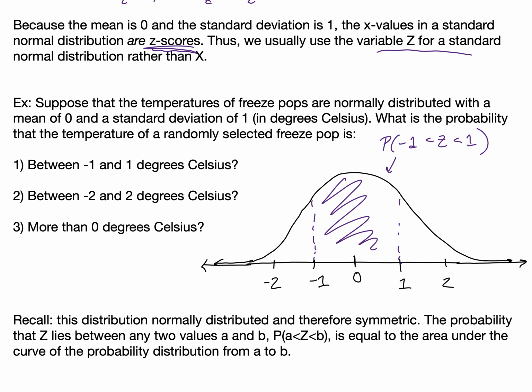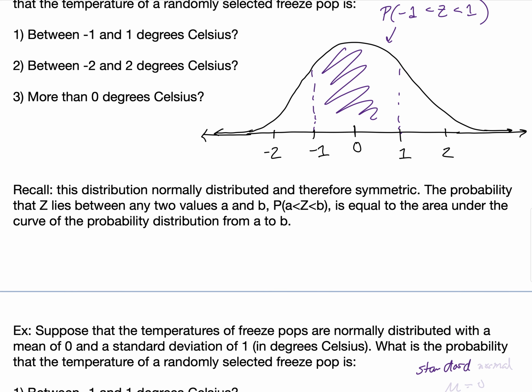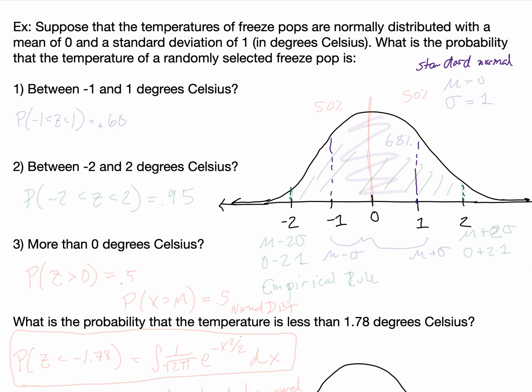Okay, so what is the probability that a randomly selected freeze pop is between -1 and 1 degree Celsius, assuming that these have a normal distribution with a mean of 0 and a standard deviation of 1? So this is, again, the standard normal distribution. It's called the standard normal distribution when the mean is 0 and the standard deviation is 1. And as we said, these are already z-scores. So this area between -1 and 1 is all within 1 standard deviation of the mean.